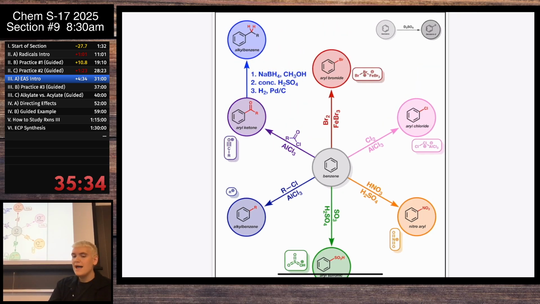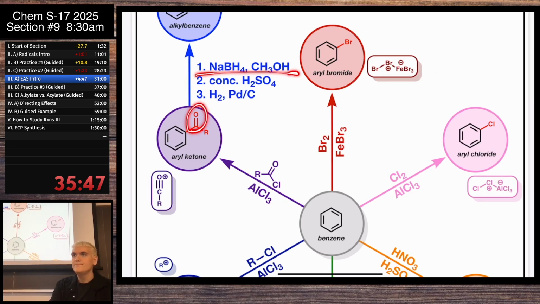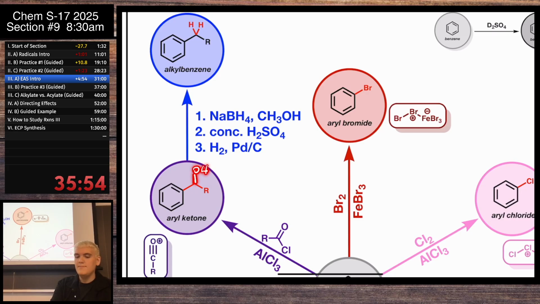One thing I want to flag, though, is an aryl ketone we can always reduce to just an alkyl group over here. And the way we do that is, what's step 1 do to a carbonyl? Reduces it, so it's just OH. Yeah, it makes it an alcohol. What does step 2 do? Concentrated H2SO4.